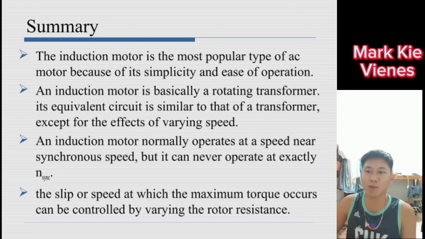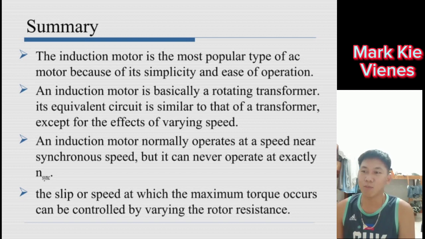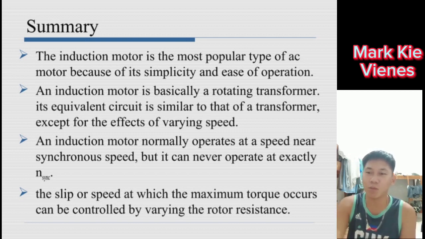An induction motor normally operates at a speed near synchronous speed, but it can never operate at exactly the synchronous speed. The slip or speed at which the maximum torque occurs can be controlled by varying the motor resistance.